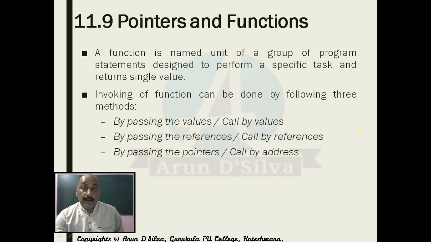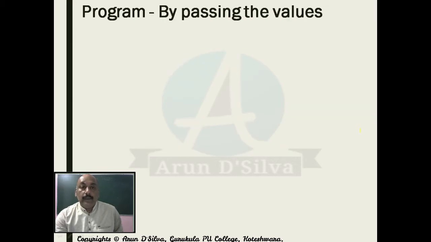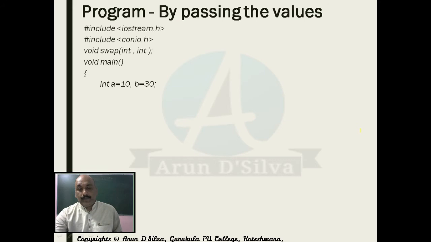Theoretically I can tell you, but if I take a programming example, it's more clear. I will take the same program for all three examples: swapping the contents of two variables, which you already saw in the first year.